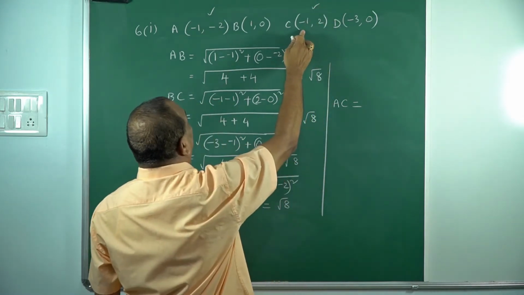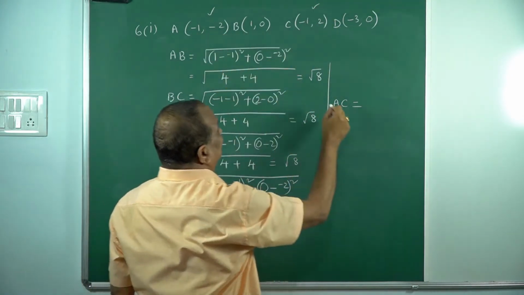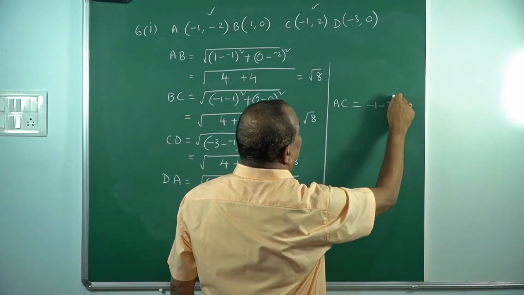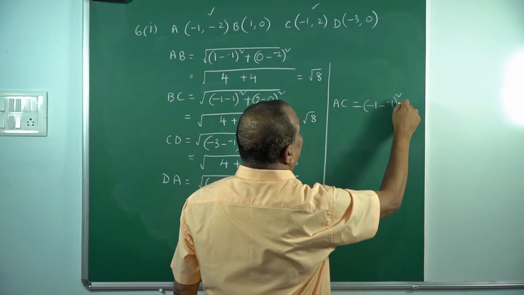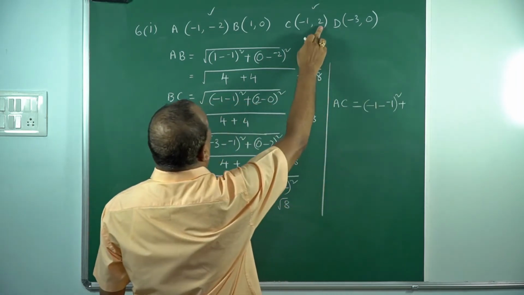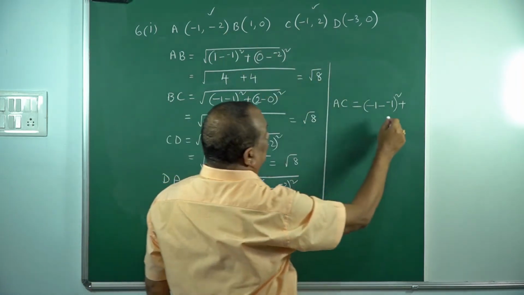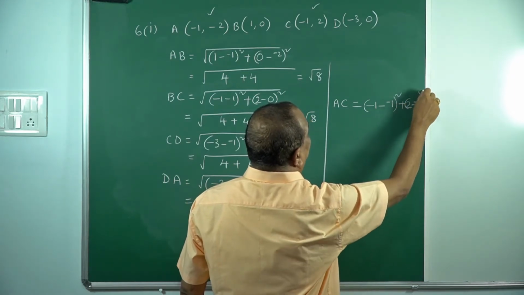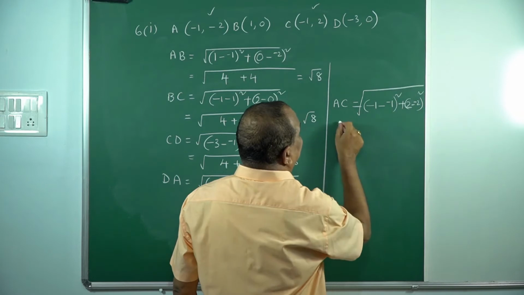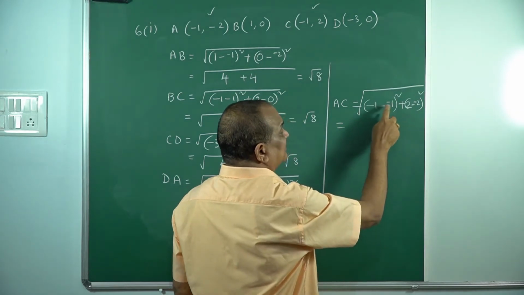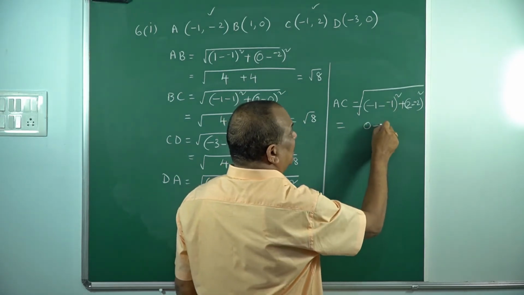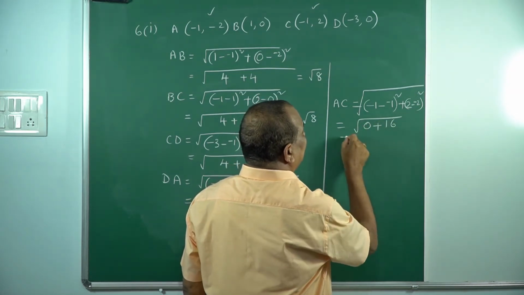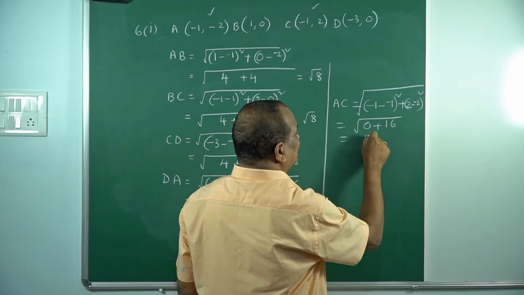Minus 1 minus of minus 1 squared plus 2 minus minus 2 squared and root over that. So this is minus 1 plus 1, 0, squared is 0, and this will be plus 4 squared is 16, and here I have root 16 is 4.